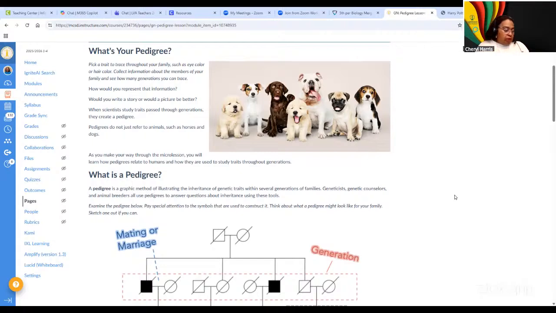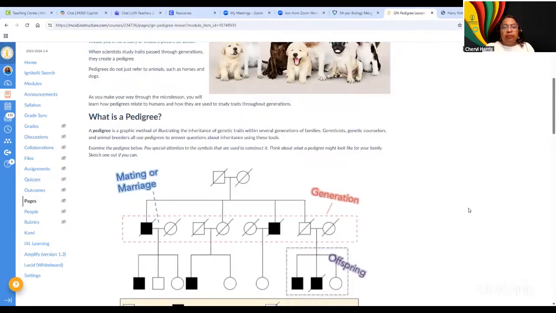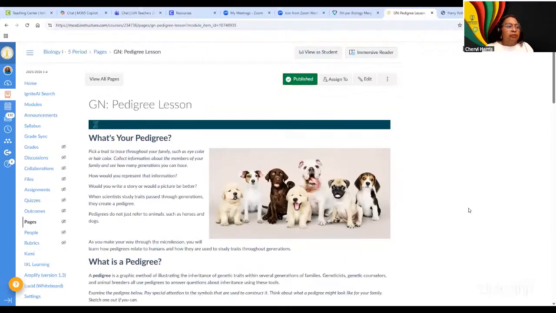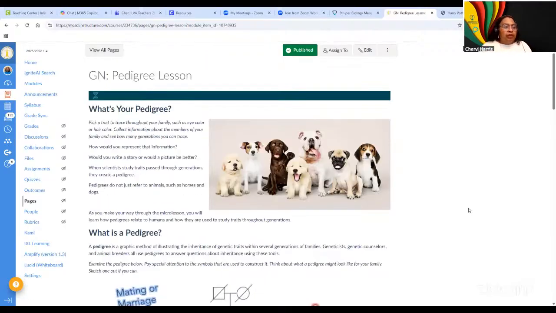Any of y'all have a dog that has a pedigree? I'm going to give it another 5 minutes and then we're going to go ahead and get started.